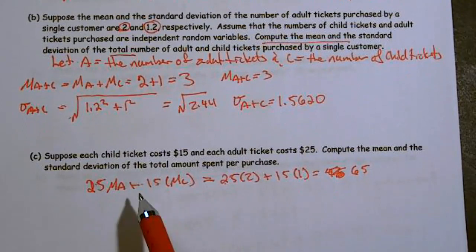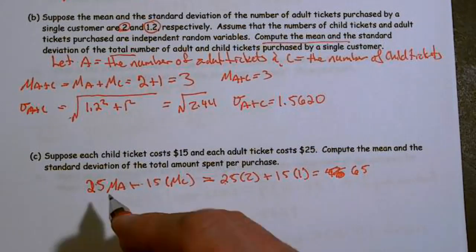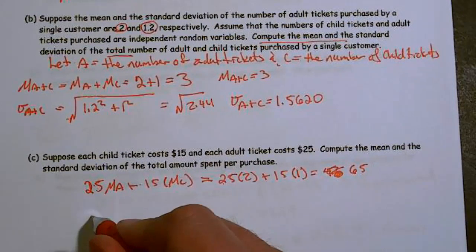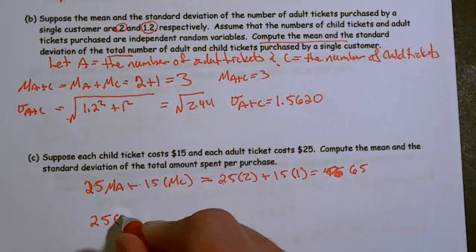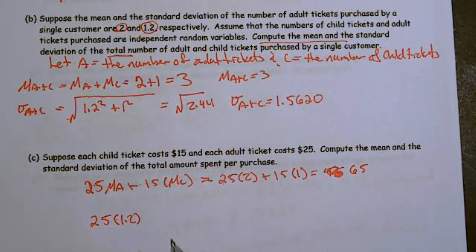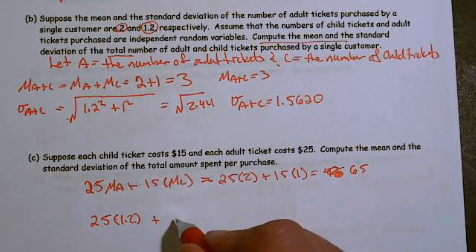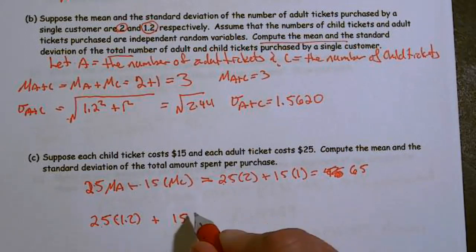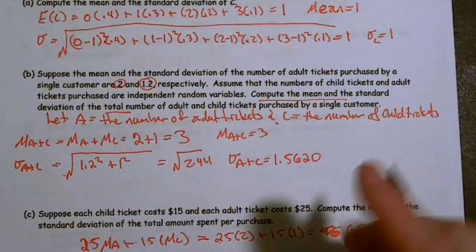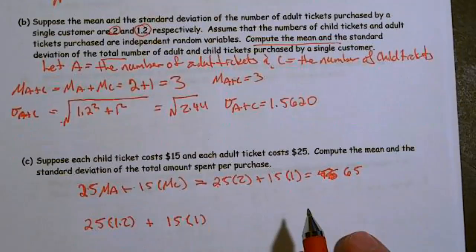All right, the standard deviation is going to be 25 times the 1.2, plus, because remember, we can multiply standard deviations by a constant, 15 times the standard deviation that we got above. Right here, the standard deviation for the child is 1.